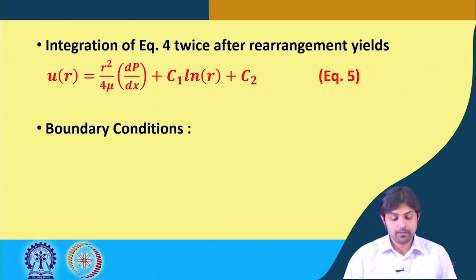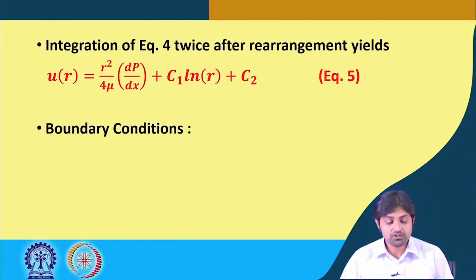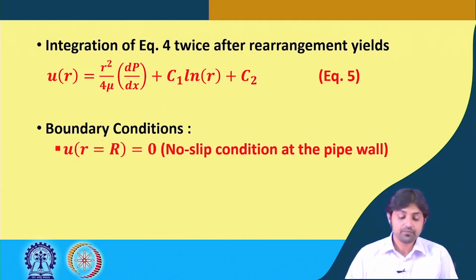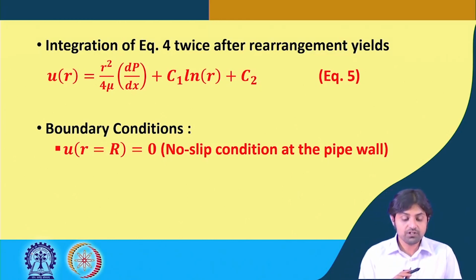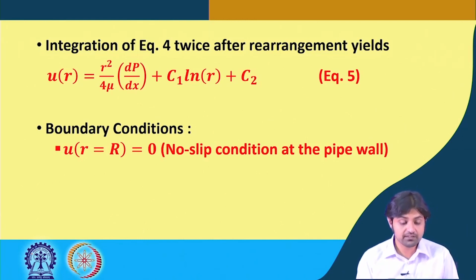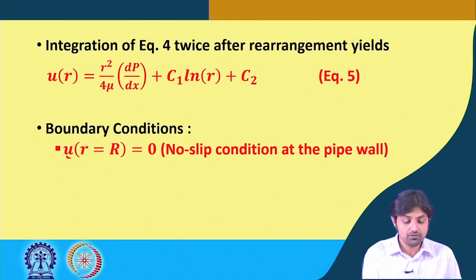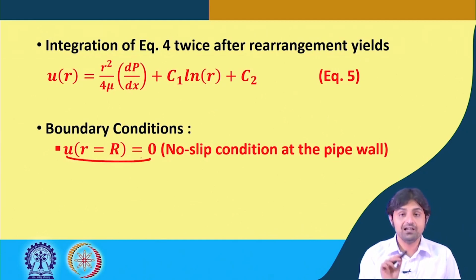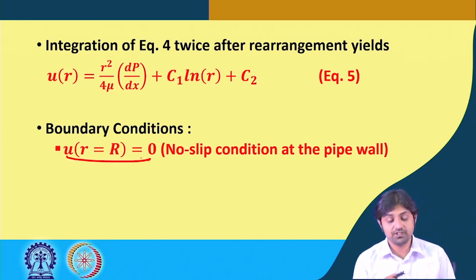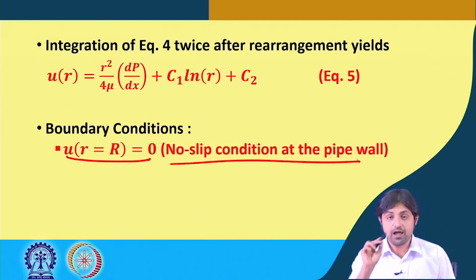All right. So, now we will talk about some boundary conditions. Boundary conditions are something that we use to determine the constants of these equations. One of the boundary conditions, which we had actually used in the derivation of dp dx, is that u is equal to 0 when radius is equal to capital R. This is called the no slip condition at the pipe wall, because the pipe wall is at rest.